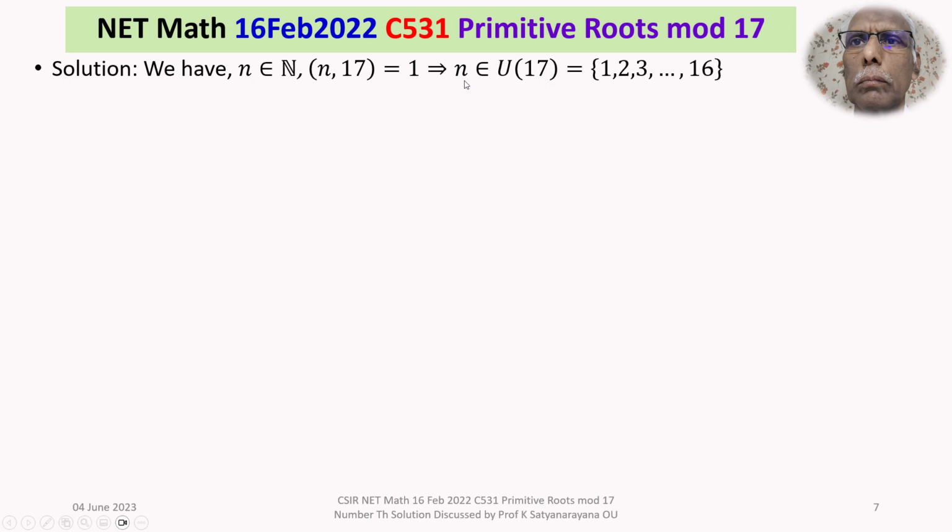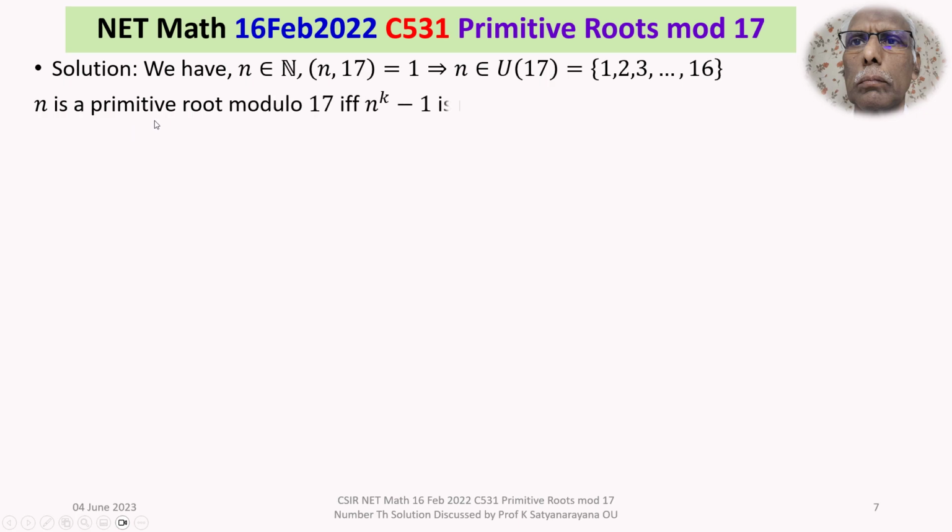Therefore, n belongs to U(17). Now, U(17) consists of all those numbers which are relatively prime to 17. 17 being a prime, the elements of U(17) are the set of all 1, 2, 3, up to 16.